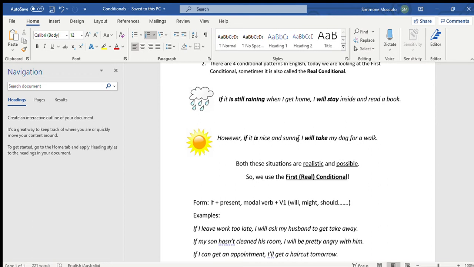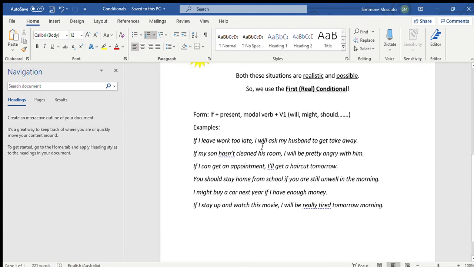Me winning $5 million in the lotto tomorrow is not realistic because I haven't bought a lotto ticket. So anything that is not realistic or not likely to happen, we cannot use the first conditional. The first conditional is called the real conditional because we are talking about things that could be real, likely events.